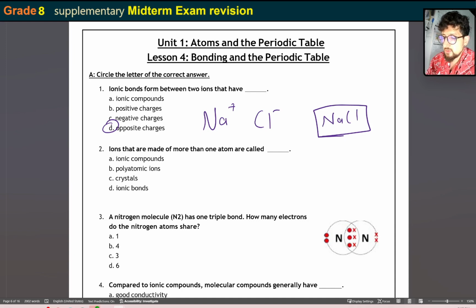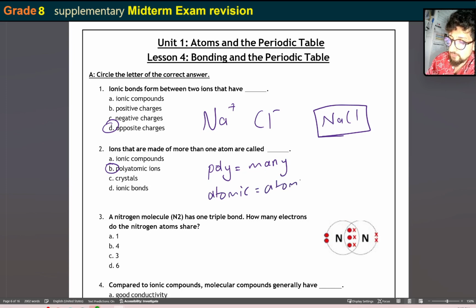Ions that are made of more than one atom are called polyatomic ions. So these are ions that are made from more than one atom. The word poly means many. And atomic just means atoms. So we have polyatomic ions.